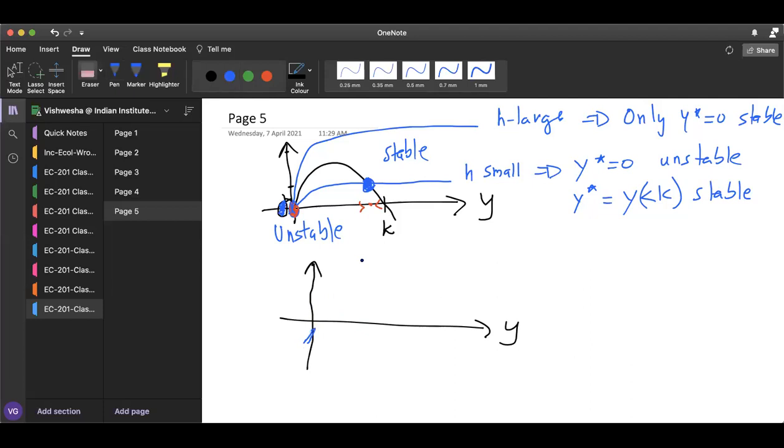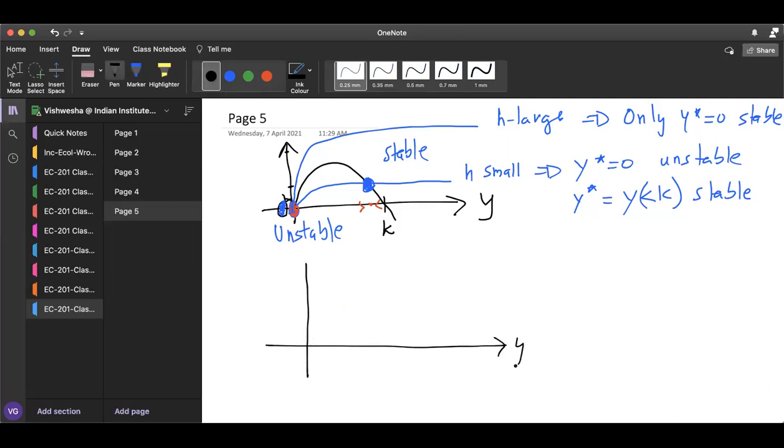Let me just write this again. Think of it as a zoomed in version of that. So you have H is actually large, not too small, but it does this. Is this possible?